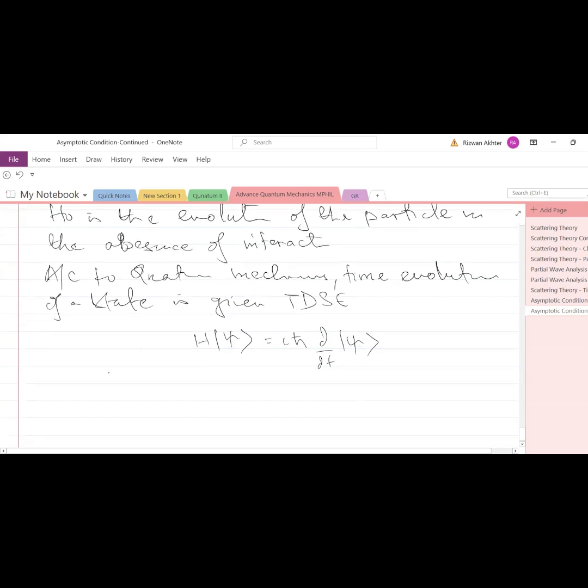Hence, the solution of the above equation, what would that be?